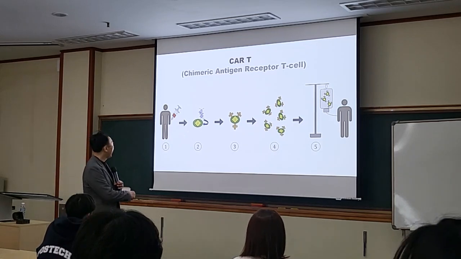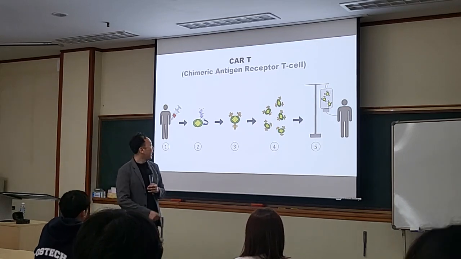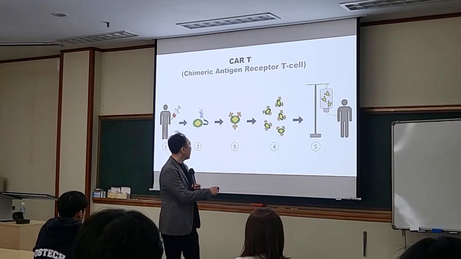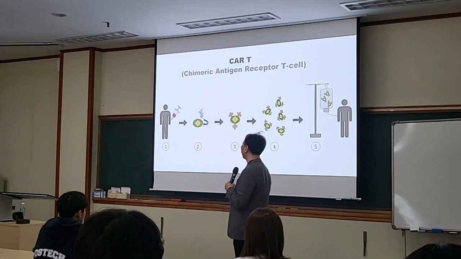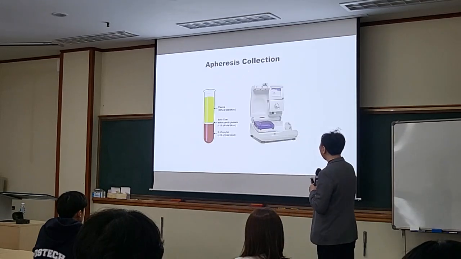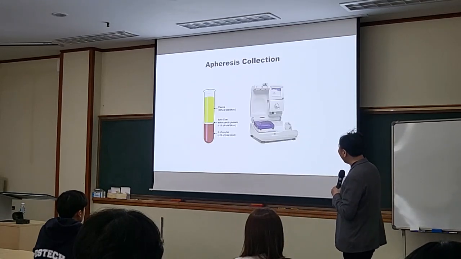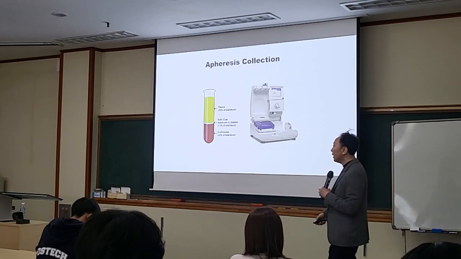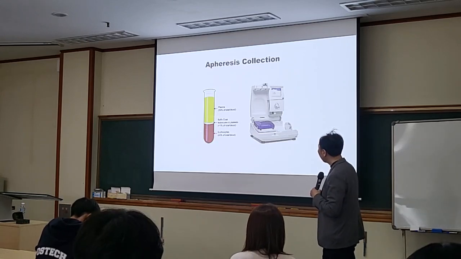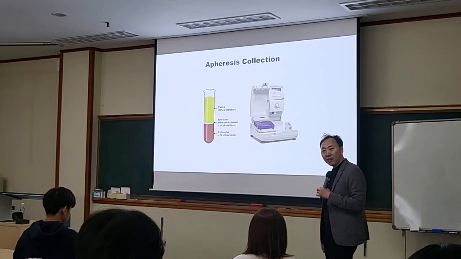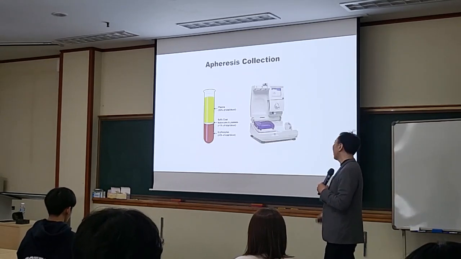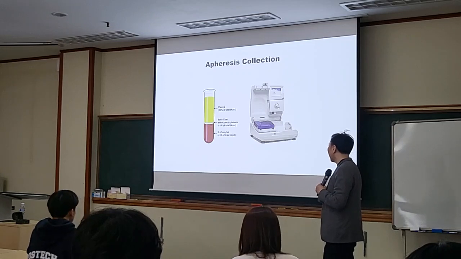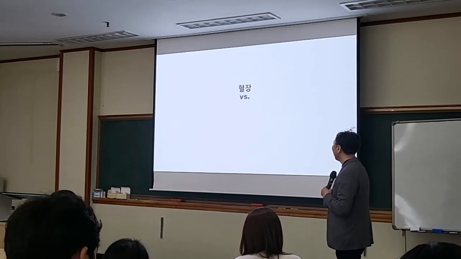Collect them, then modify them, add those cytotoxic motifs, and multiply, make more cells. The process he mentioned is collecting those and then centrifuging. The upper part is the plasma, the bottom part is the red blood cells, and this purple part is the white blood cells. So you discard this, take this one, and use it.